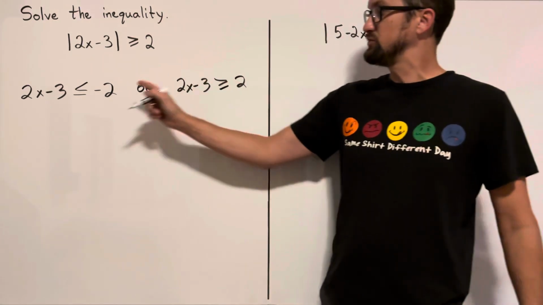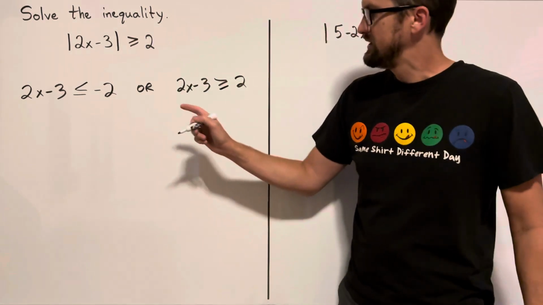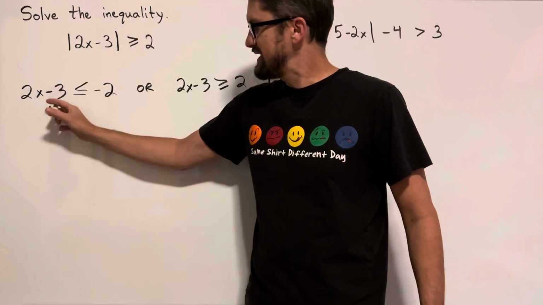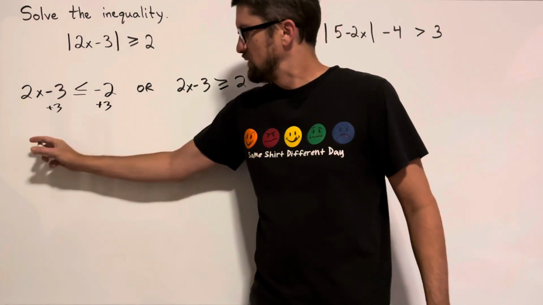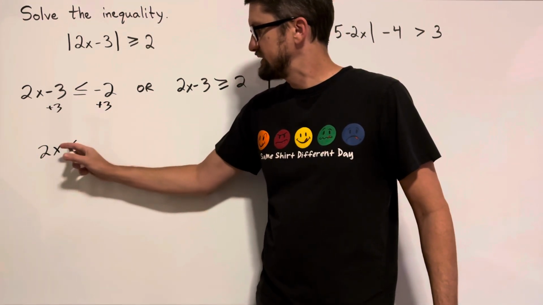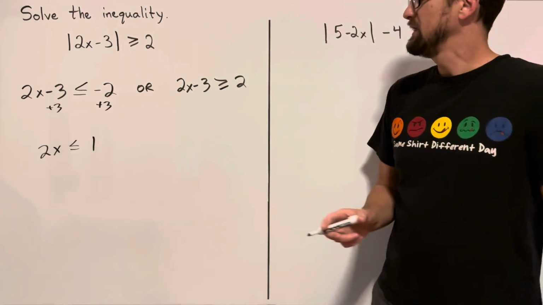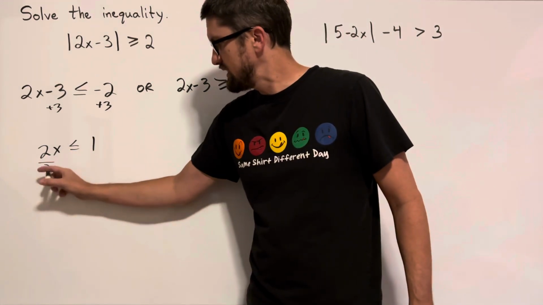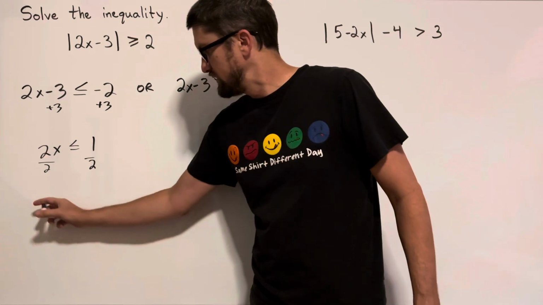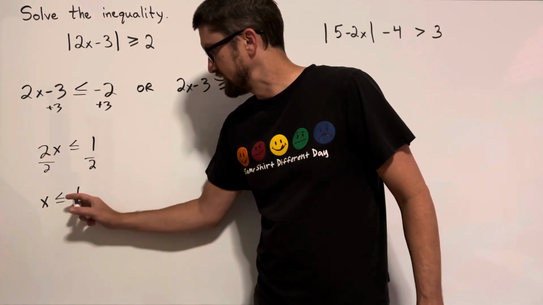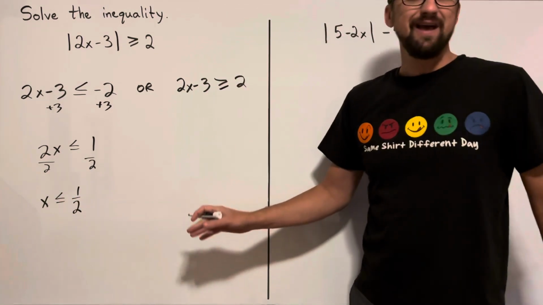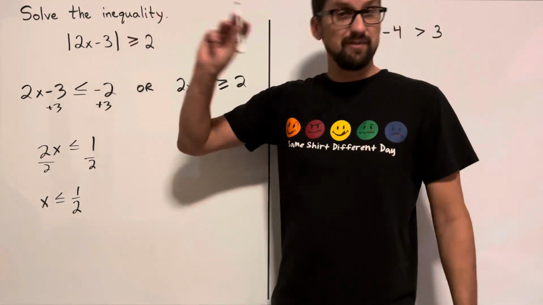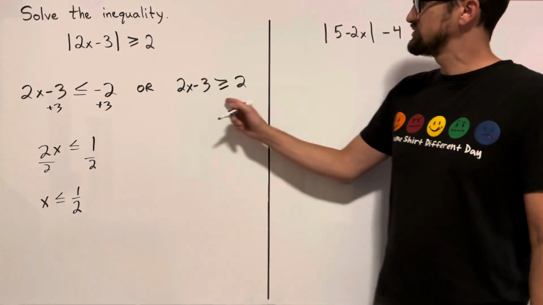Now what you want to do is solve each of these for x. Here we're going to add 3 on both sides. We'll get 2x less than or equal to 1. Then dividing by 2 on both sides, we get x less than or equal to 1/2. So if x is less than or equal to 1/2, it's going to make the inequality true. Let's solve this one.